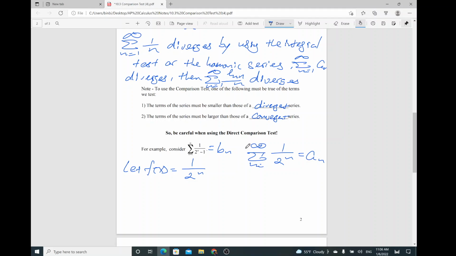So this one actually converges, but it doesn't fit the comparison test, because a sub n is actually less than b sub n. This is just saying that the smaller series converges. It doesn't mean that the larger series converges. So be very careful with that one.